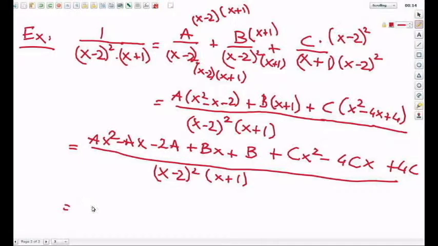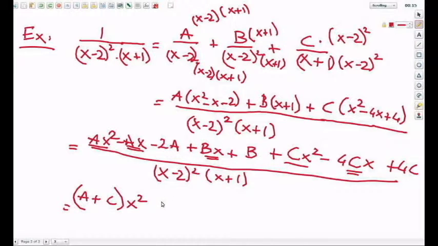Okay, so collecting like terms, I end up with, there's a squared term here, there's this other one, factoring out x squared from those, I end up with a plus c times x squared. Okay, next I'm going to look for all the terms that have an x in it.